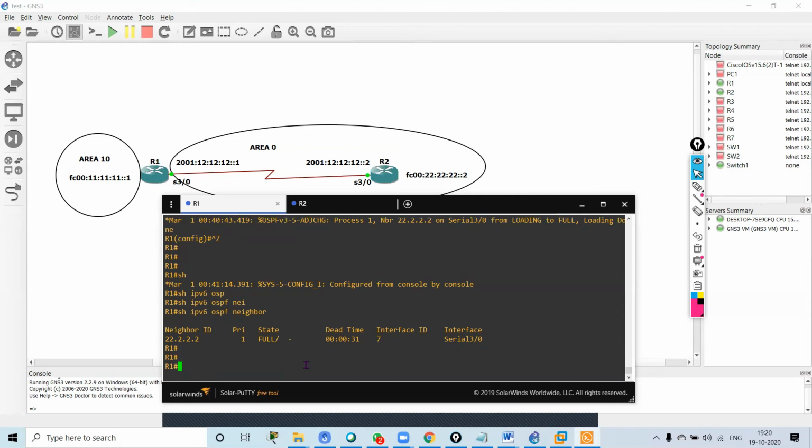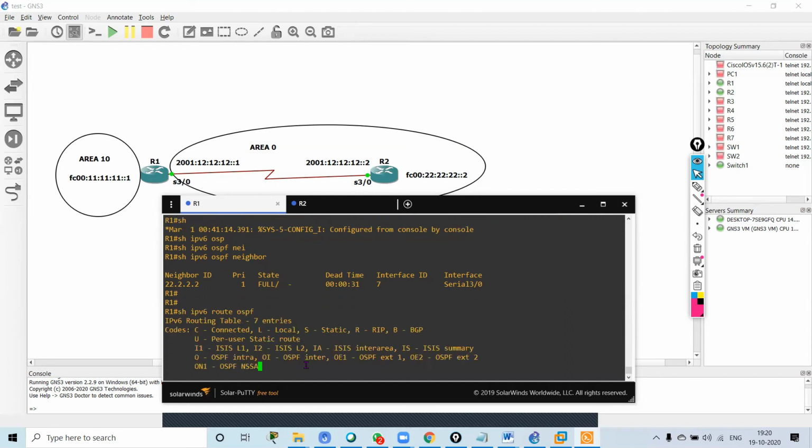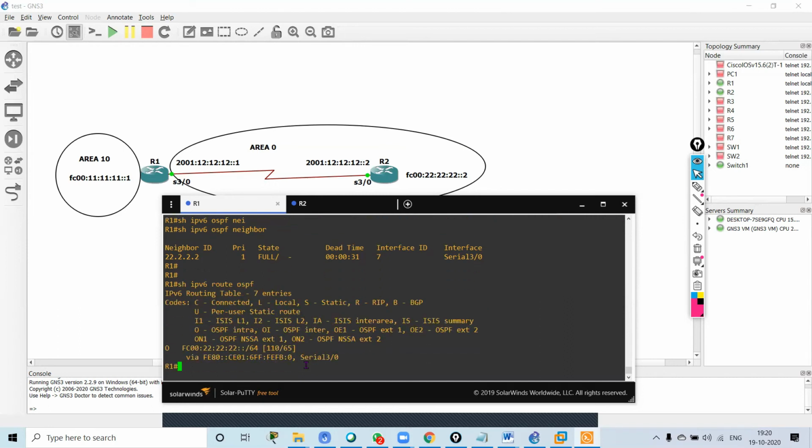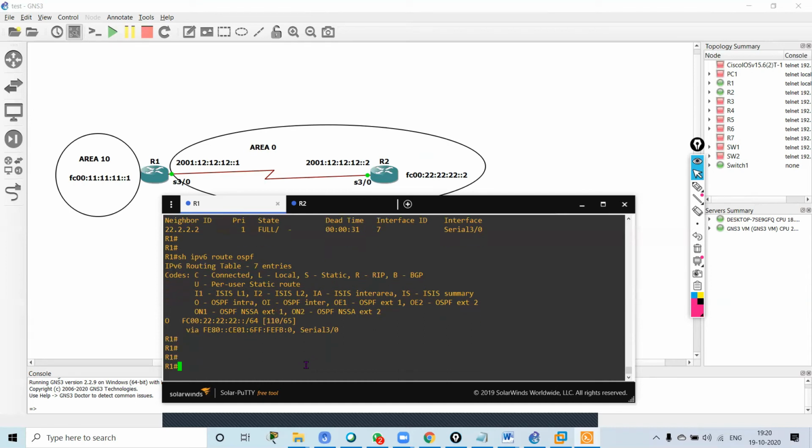I can see show IP OSPF, show IP route OSPF, also show IPv6 route OSPF. I am getting a route over here.